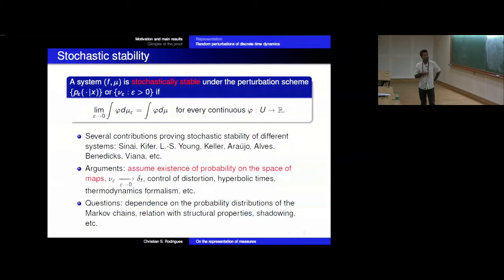And then there is also the work of Lai Sai-yong, almost at the same time as Kiefer, looking at uniformly hyperbolic systems. And then there are several others: Keller, Araújo, Alves, and Benedicks and Viana for the Hénon family.